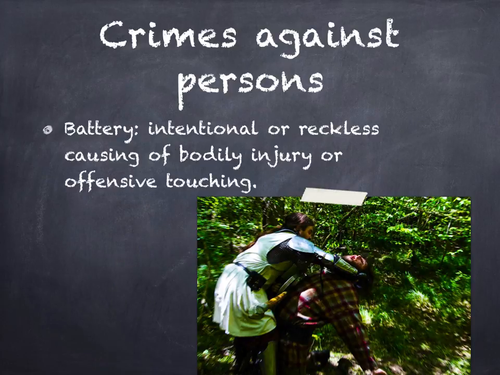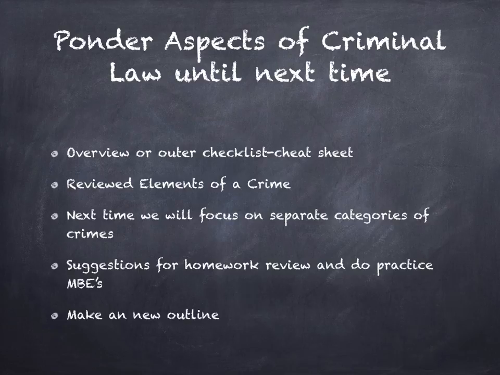Crimes against persons. I found this image of a guy actually physically touching, assaulting. Now, it's battery now, it's not assault anymore. Battery is the intentional or reckless causing of bodily injury or offensive touching. And remember always that battery and assault are vaguely, differently interpreted in the courts, in the criminal court, than they would be in the civil. And that also goes for categories like causation.